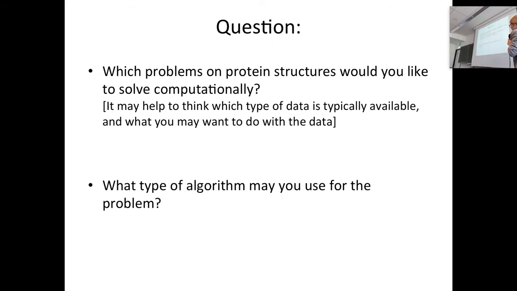Now, I said I was going to come back to this. Can you think of any problems that we may want to solve computationally on protein structures? Protein folding prediction. So we have a sequence, and someone already mentioned it way earlier with the example of the PDB, and we want to predict what the tertiary structure is.